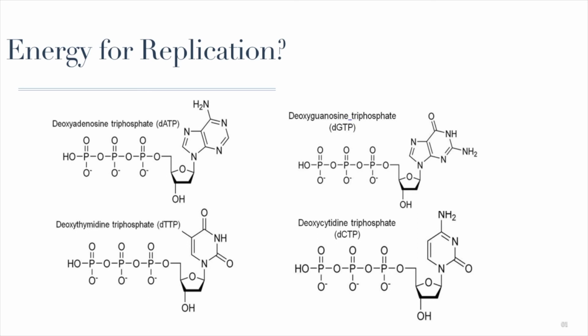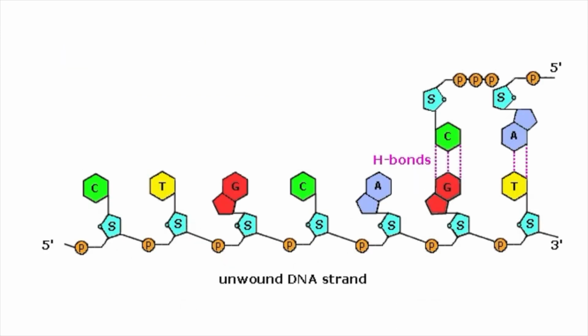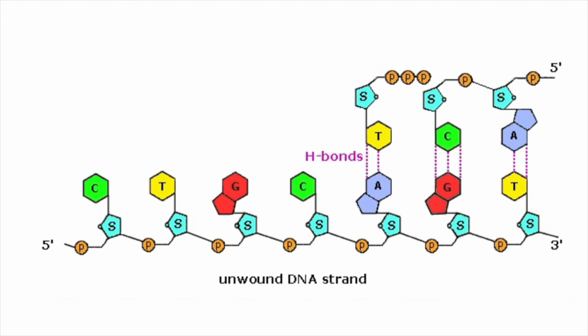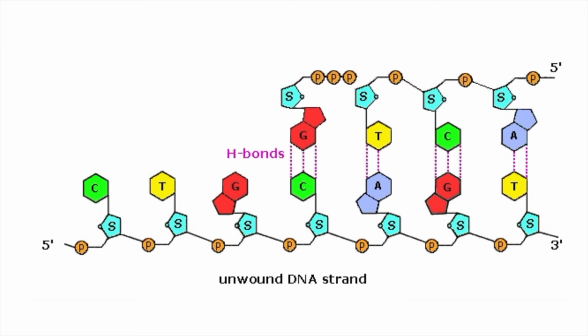So when adenines, thymines, guanines, and cytosines get added, they don't have a single phosphate group, they actually have 3. In this particular case, the bond between the first and second phosphate group is broken, and the energy released by breaking these high energy bonds is used for the synthesis of the new DNA strand. So we don't have to use ATP energy to build DNA. The adenines, guanines, cytosines, and thymines come with their energy.